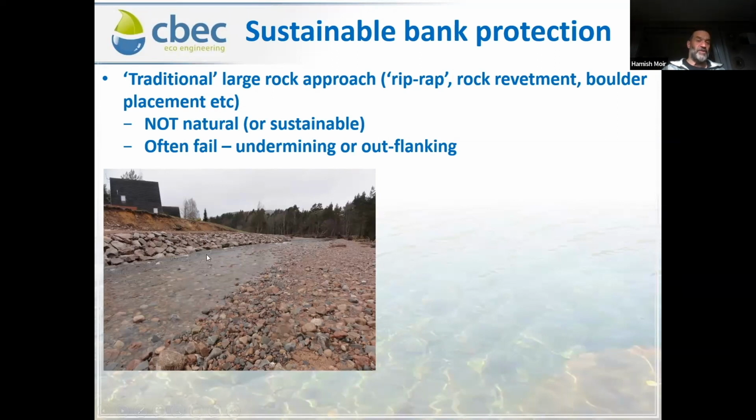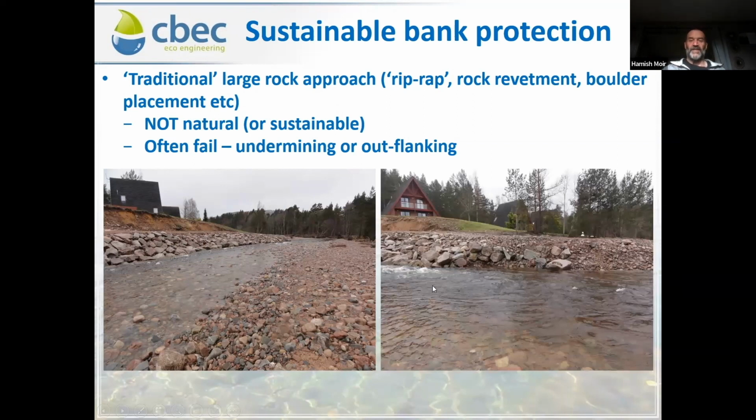And you see this deep channel developing here now. If you go downstream, sure enough, this channel's deepened sufficiently to undermine these boulders, which fall into the channel, and then the river gets in behind, and over time this has really unraveled. This has become a really unstable site, and these chalets are at risk again.